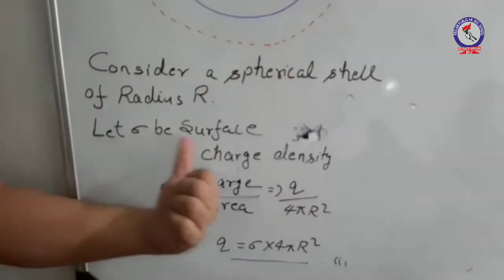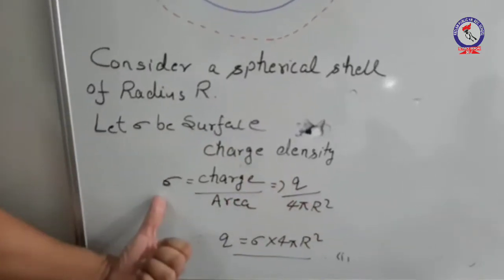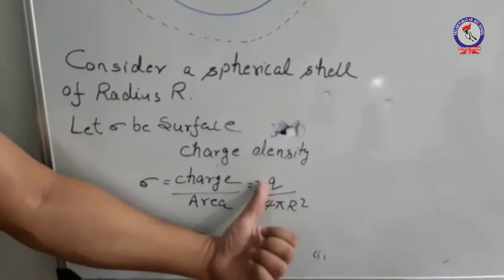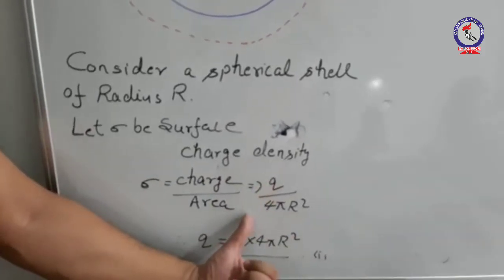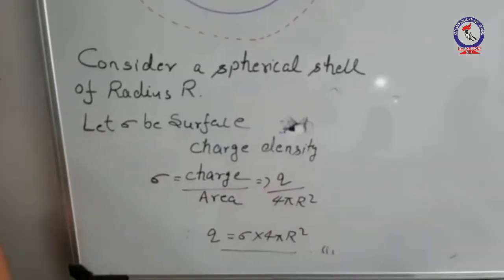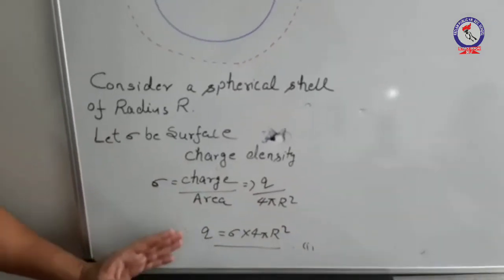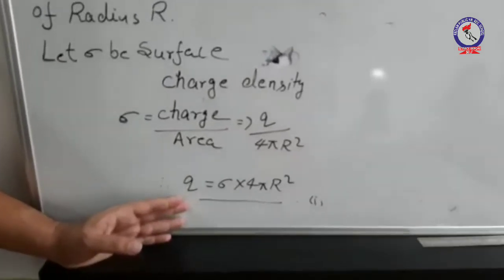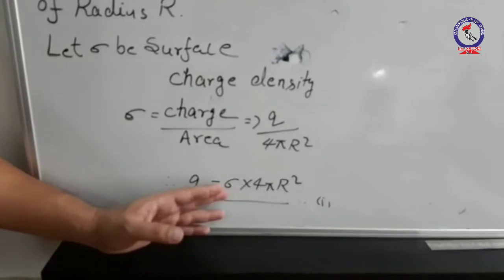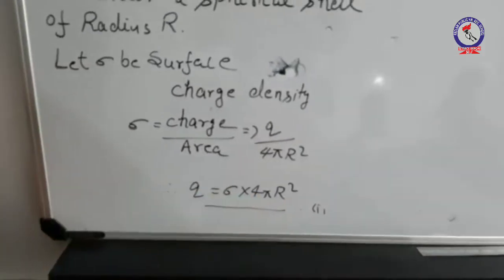Sigma, the surface charge density, is expressed as charge per unit area. Net charge over the surface is Q and the total surface area of the sphere is 4 pi r square. Hence, net charge in terms of surface charge density is Q equals sigma into 4 pi r square.